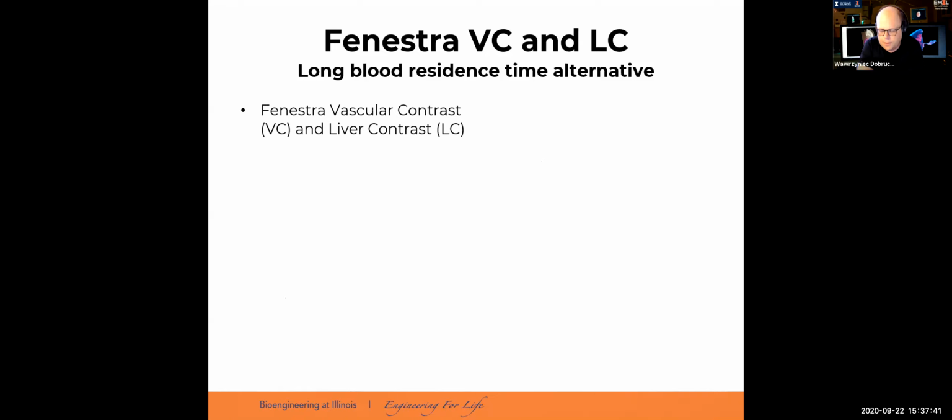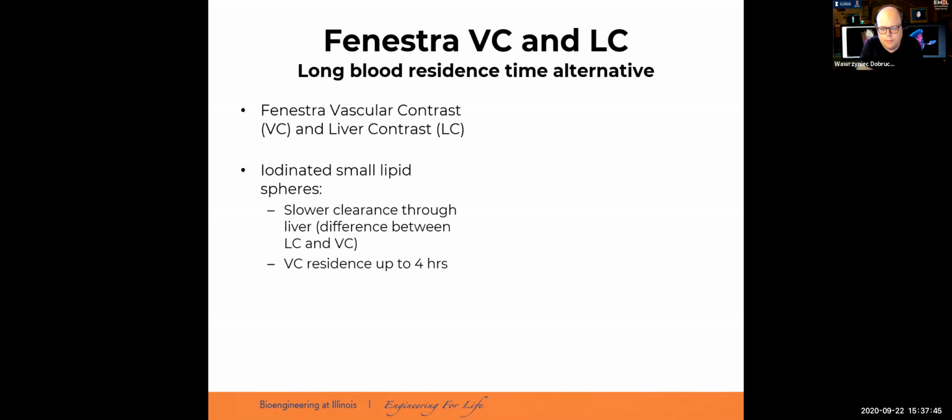These are called fenestra vascular contrast agent or liver contrast agent. They are also iodinated, but the iodine is encapsulated within lipid spheres. These are like nanoparticles, which allow very slow clearance through the liver. That's why the contrast stays in the blood for up to 4 hours.